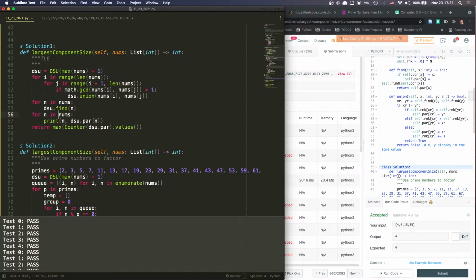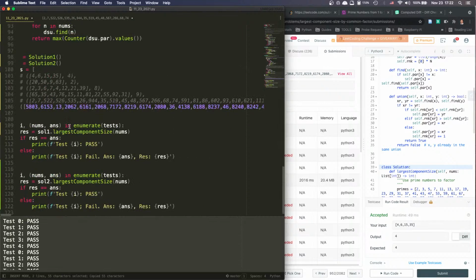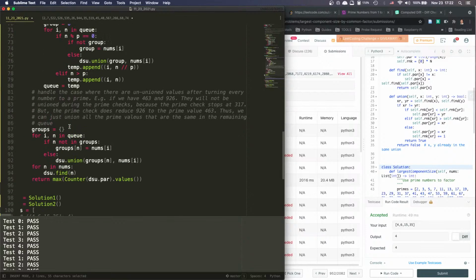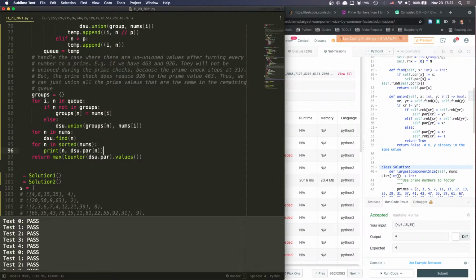And actually, I'm going to say in sorted, so it'll be easier for me to handle. All right. This is unbelievable. I'm going to run it. It'll take a long time, but we will have this.